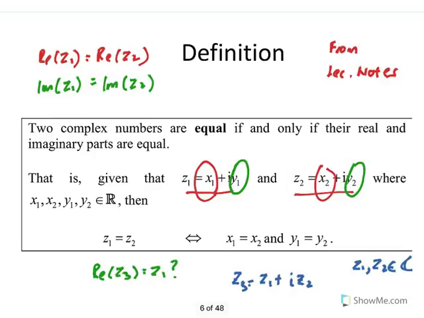Why not? Because Z1 is not real, it is actually a complex number. So, lesson learned: remember, X and Y must be real. The real and imaginary parts of a complex number must be real.